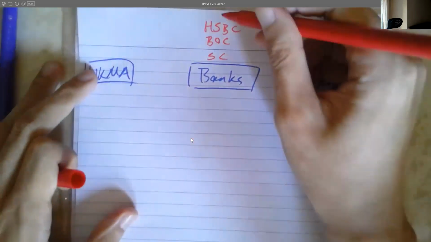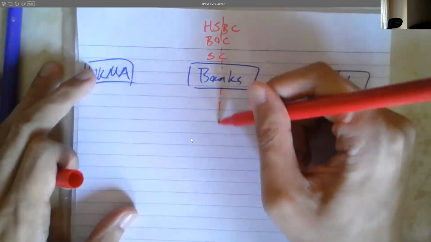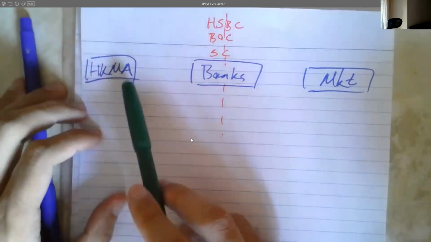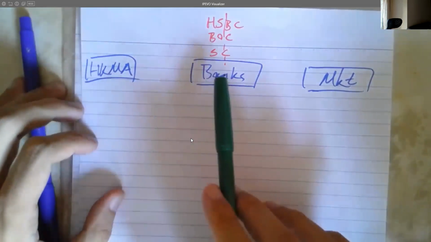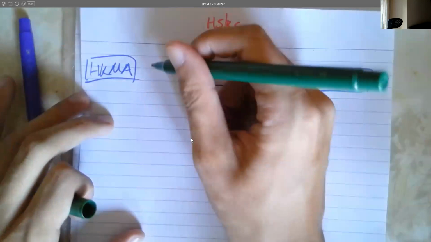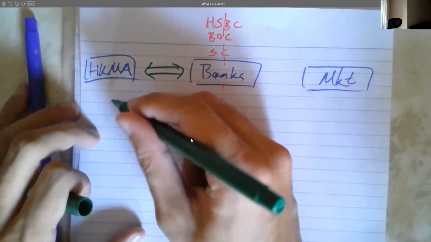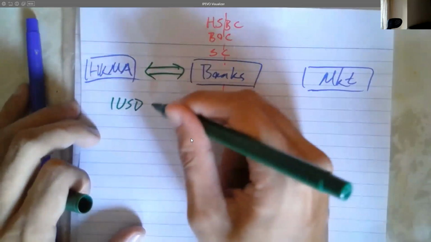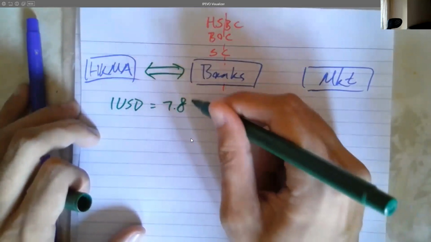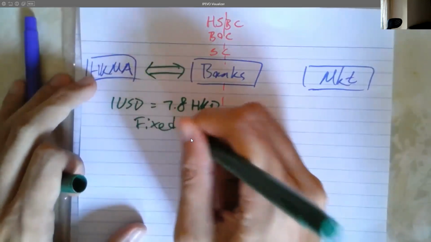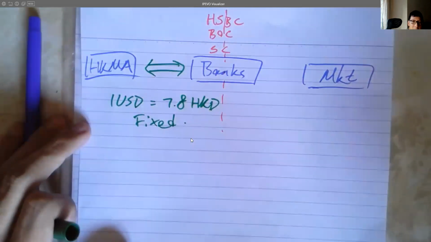Now, the system treats the two sides differently. Originally the two sides are different. On one hand, between HKMA and banks, they always can guarantee a rate of 1 USD equals 7.8 Hong Kong dollars. This is a fixed rate, absolutely fixed.